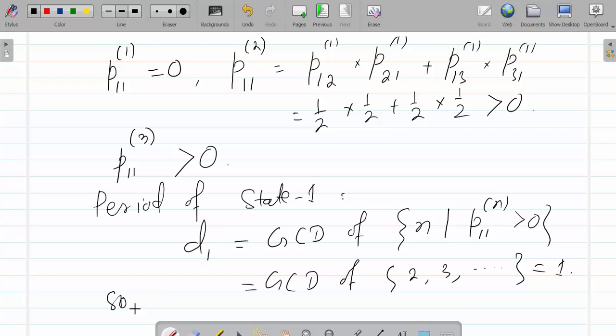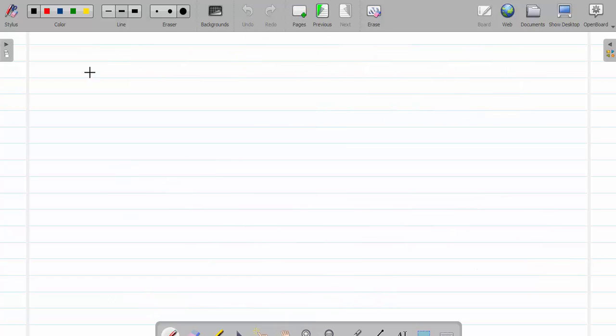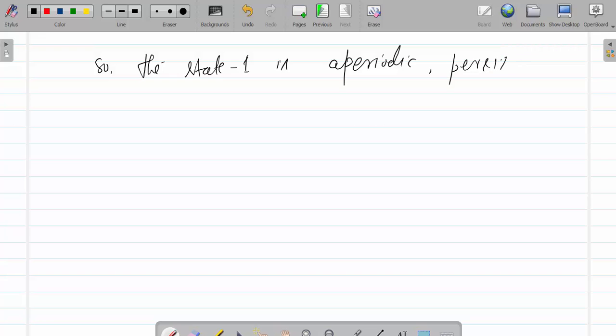So state 1 is aperiodic. So the state 1 is aperiodic, persistent and non-null. So it is ergodic.